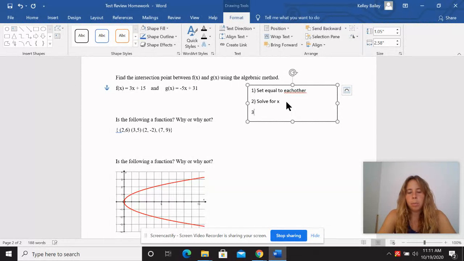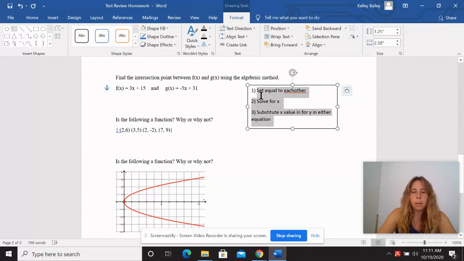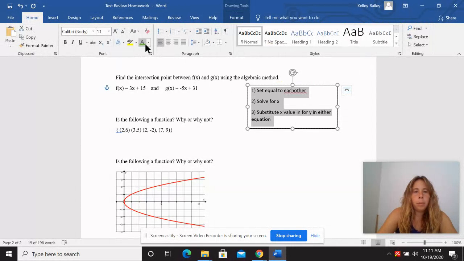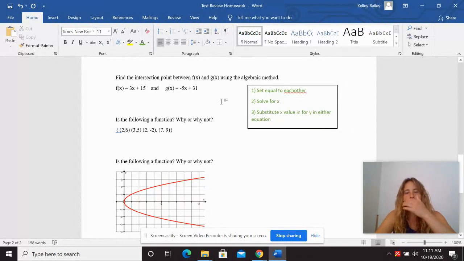Step 3, substitute x value in for y in either. Okay. So your first step is to set them equal.